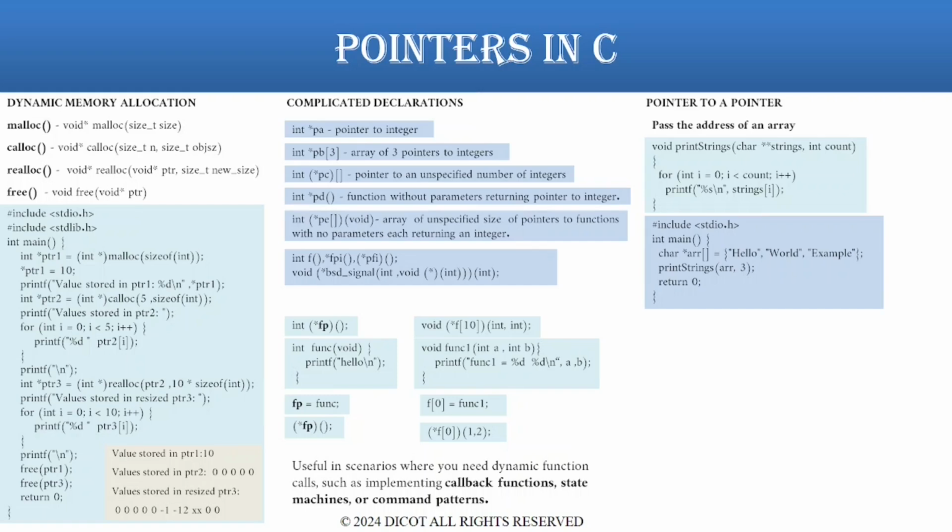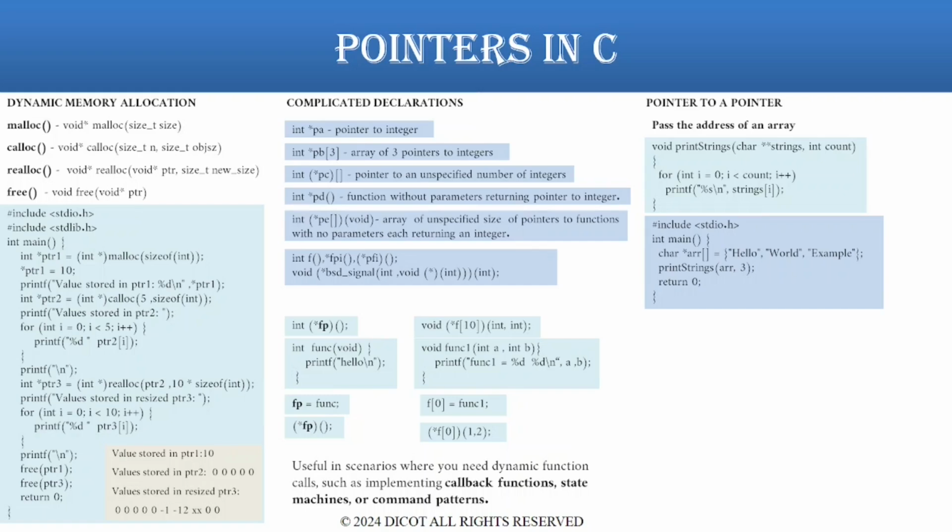Strings of I accesses the ith string and prints it by interpreting strings of I as a null terminated string. So this was one of the use cases where you wanted to pass an array of strings as an argument to a function and display that array of strings in that function.